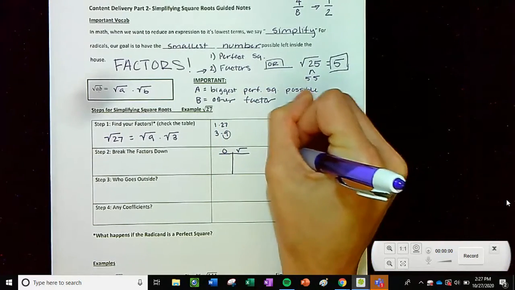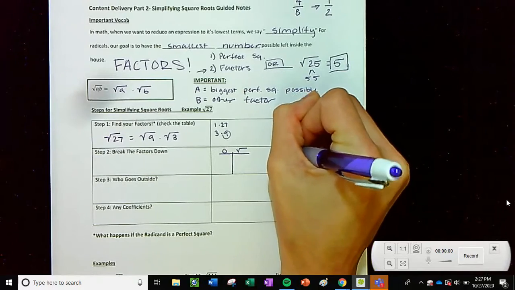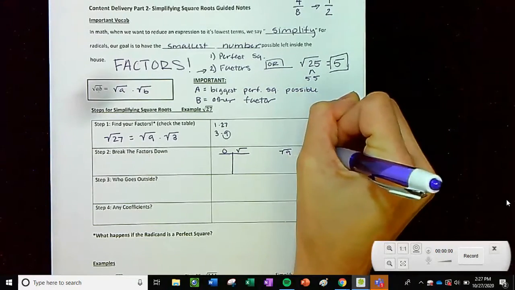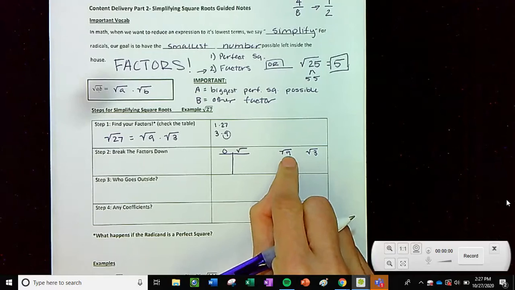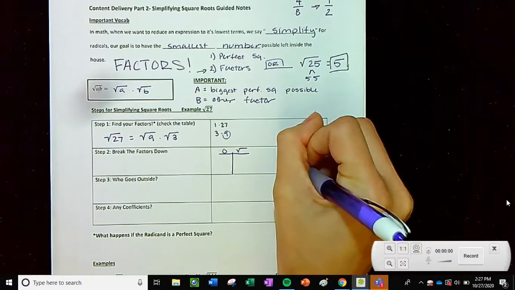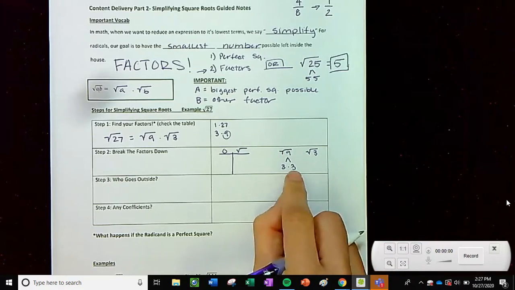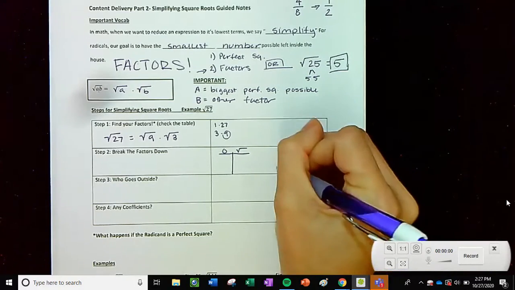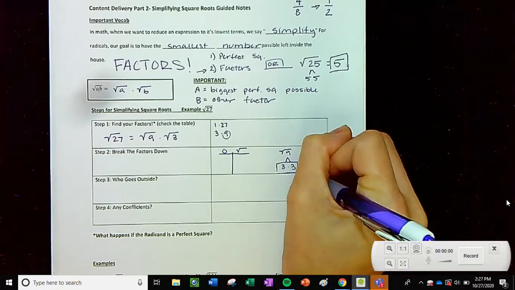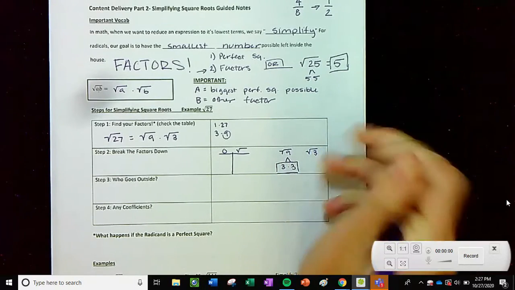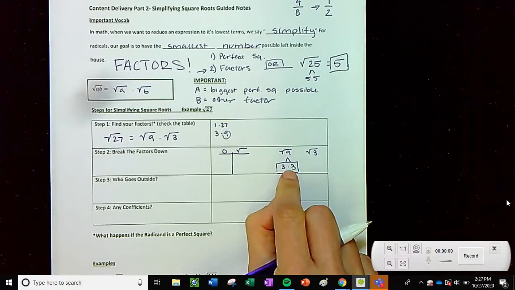If I break down 9 into its two factors, into its square roots, right? Those things match. When you have a twin set of factors like that, when you have a square root, that's what's going to come outside of the radical.